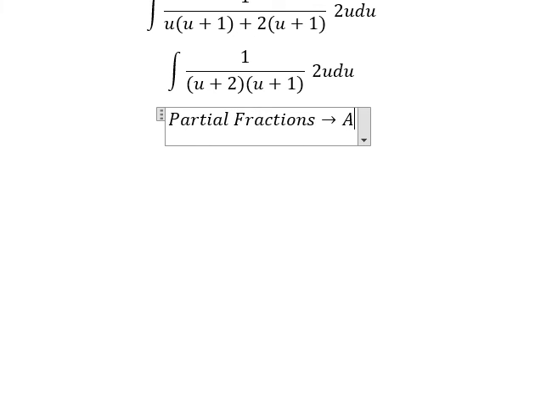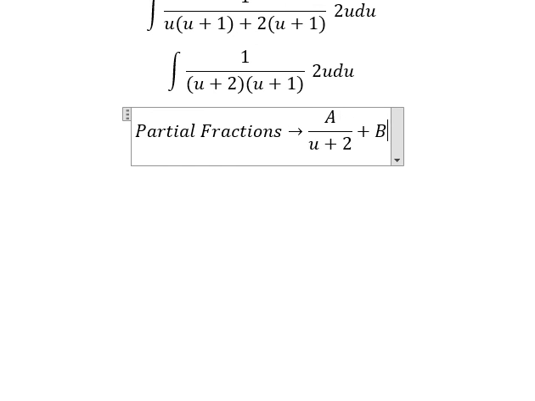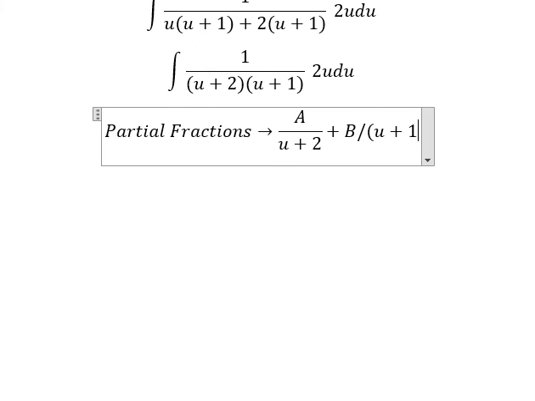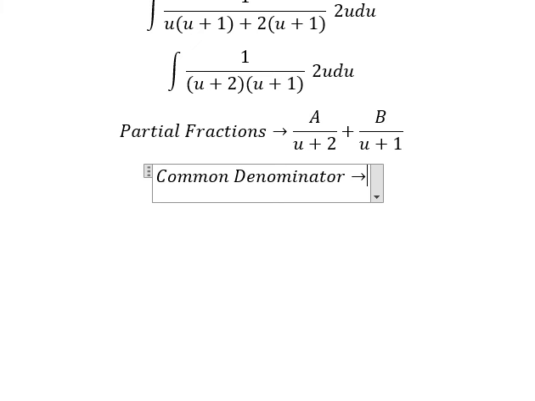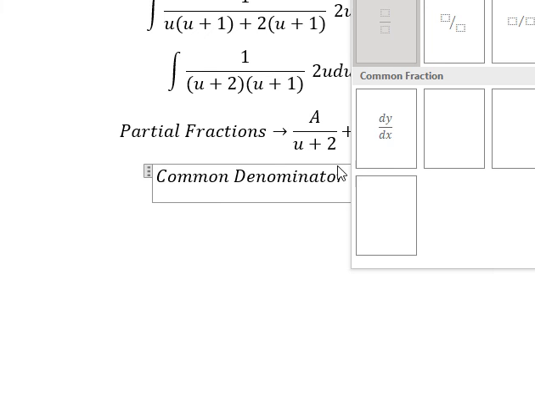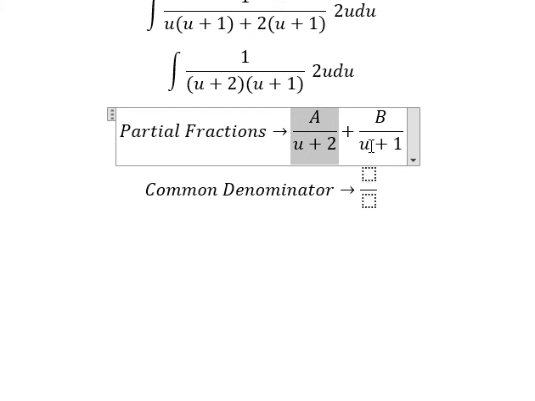So I will put a over u plus 2 and b over u plus 1. Now we can do common denominator. About this one, it is missing u plus 1.